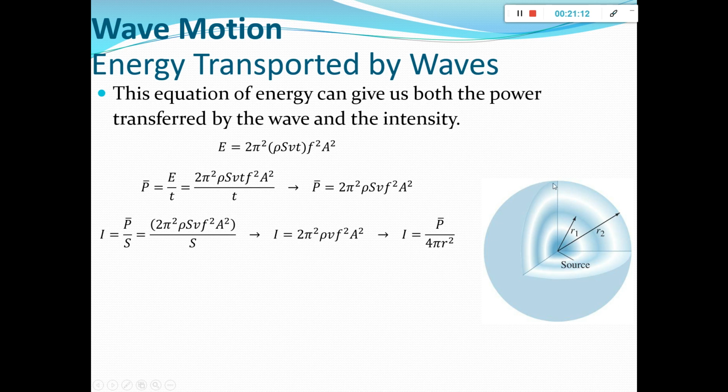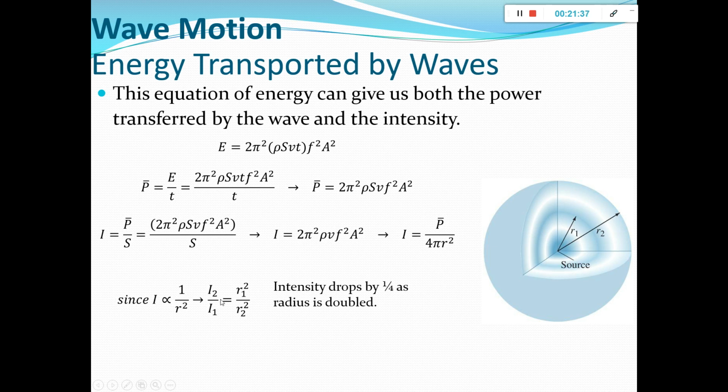We can think of the surface area that it's reaching as being the sphere around it at some radius. So we can divide by S to get this equation, or we can also remember that intensity is the average power divided by 4 pi r squared.